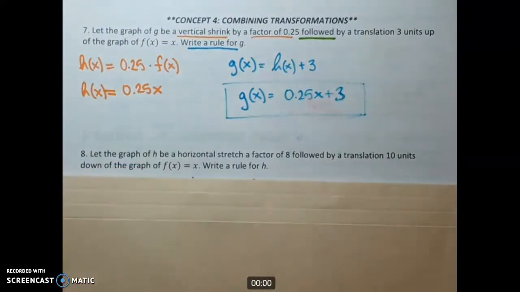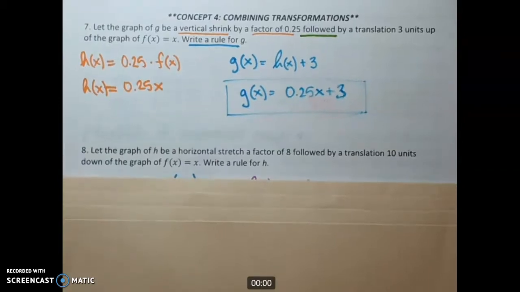Okay. So, combining transformations are going to have more than one. Identify that word "followed." Look for what your actual rule is supposed to be in the end, and you're going to have to pick some type of rule to start with before you get to that end result. I do want you to try number 8 here all by yourself.